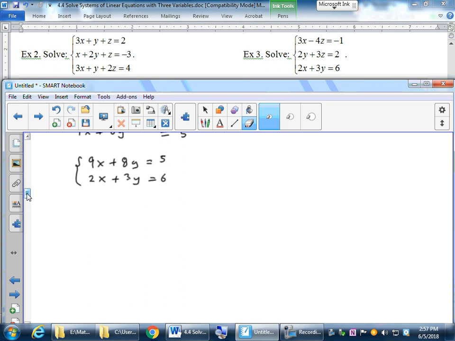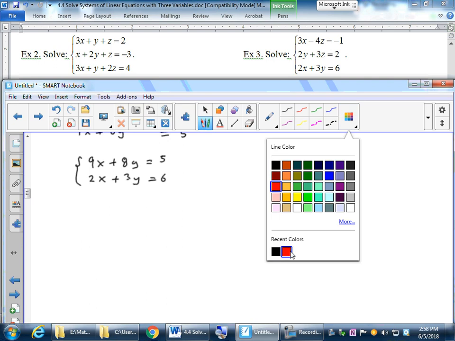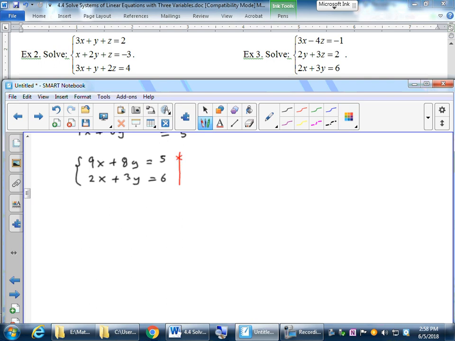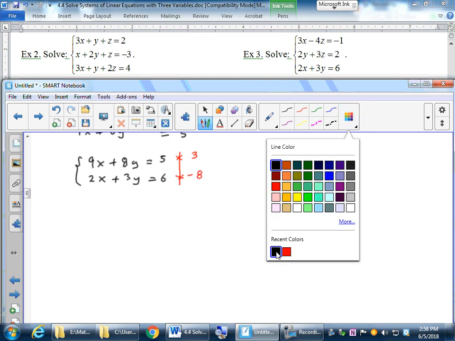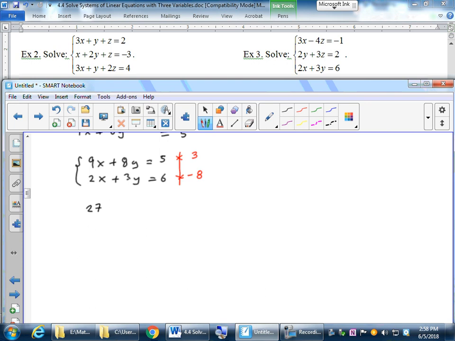So now from here, I will decide which variable to eliminate again. Right? So in this case, I will eliminate the variable y, so multiply by 3 and -8. This will give us 27x plus 24y is equal to 15, and -16x minus 24y is equal to -48.